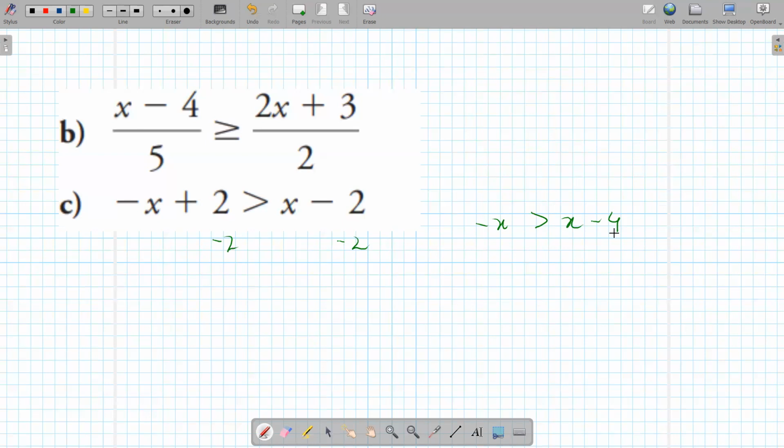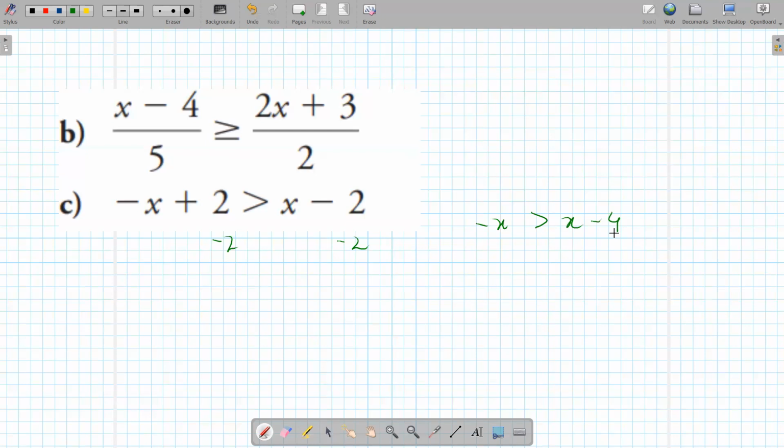You can notice how the like terms are not on the same side. By like terms, what are like terms? Like the numbers, the letters, right? The x's. We need to bring the x's to the same side.